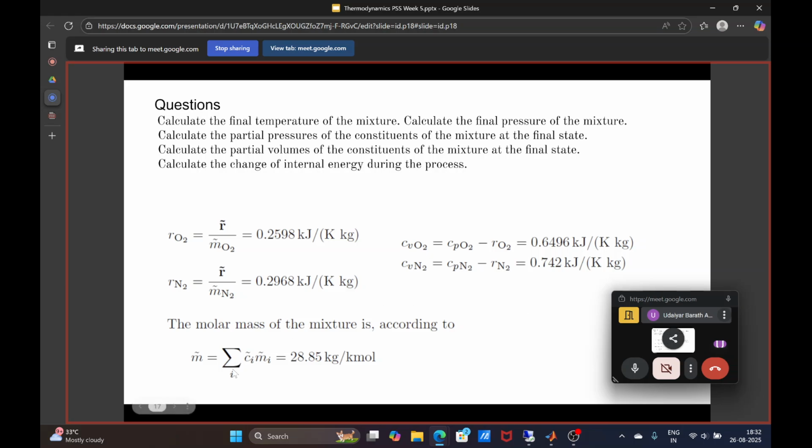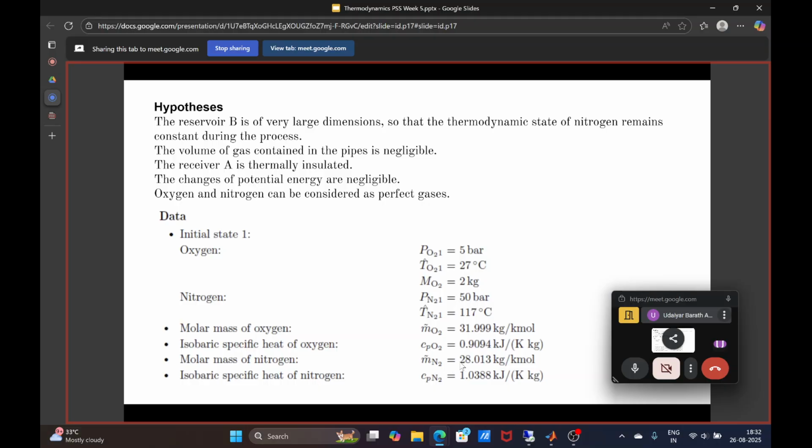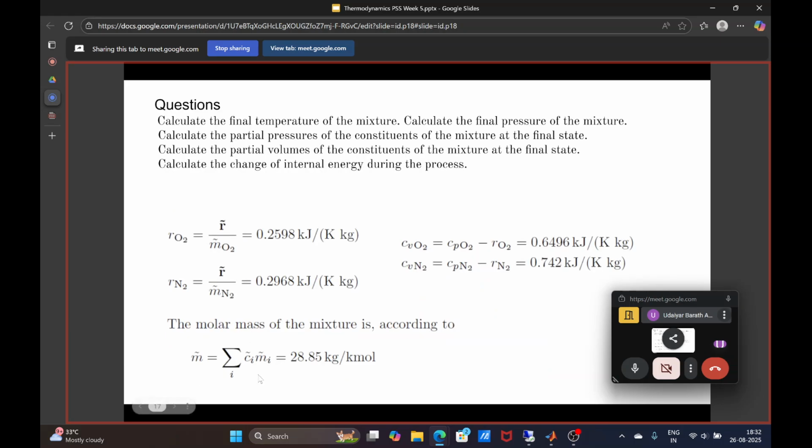So the molar mass of the mixture will be the molar fraction multiplied by the molar mass, and the summation of that will give you the molar mass of the mixture. So we know the individual molar masses and the individual molar fractions. So oxygen is 0.21 and the molar mass is 32, and 0.79 for nitrogen, and the molar mass of nitrogen is 28.013. So multiplying and summing it up will give you the molar mass to be 28.85 kg per kilomole.